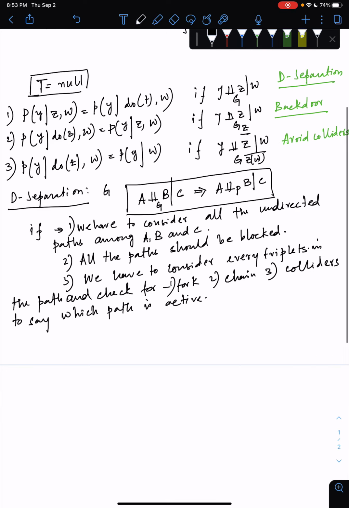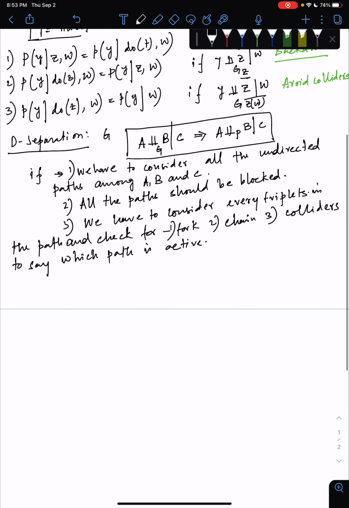I can give you one example, I think that will be quite good. So for example, say this is A and this is B, this is C. Suppose we have E. Okay, so there is this path.